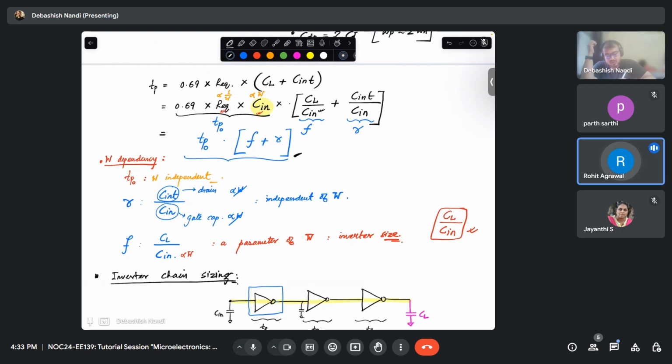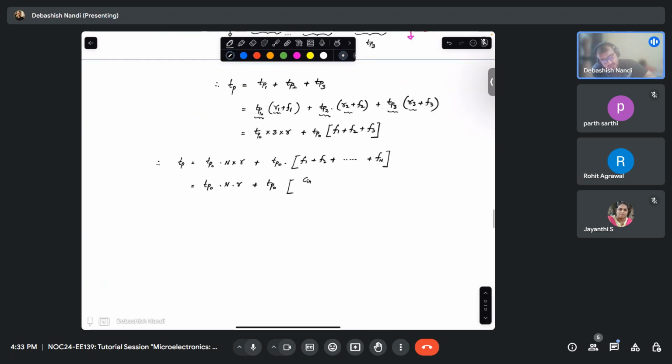F1 is CL by C in. So what is C load of the first stage? It is C in 2. CL1 is C in 2. Do you see this? Is this okay? Yes, sir. Then this will be C in 3 by C in 2.